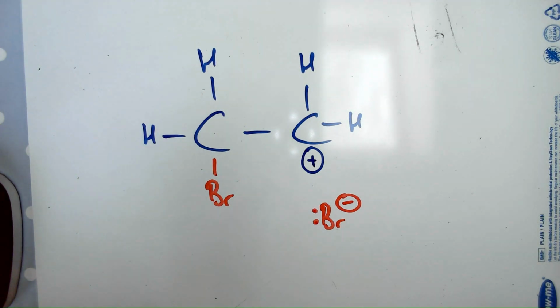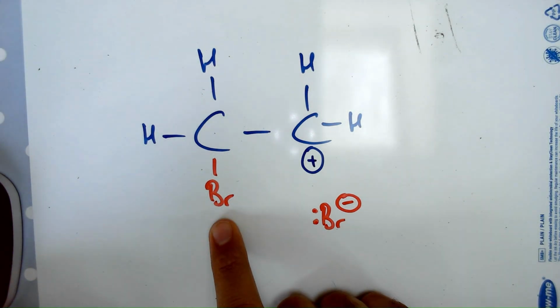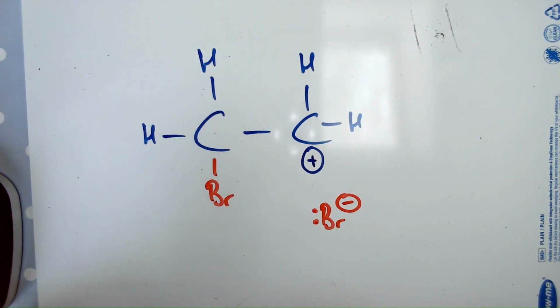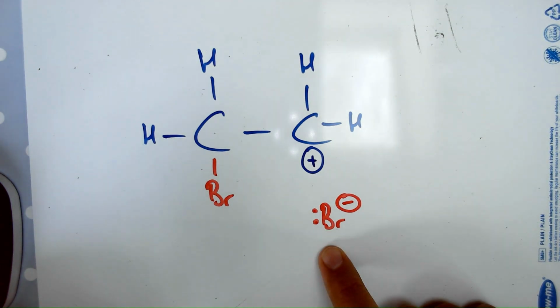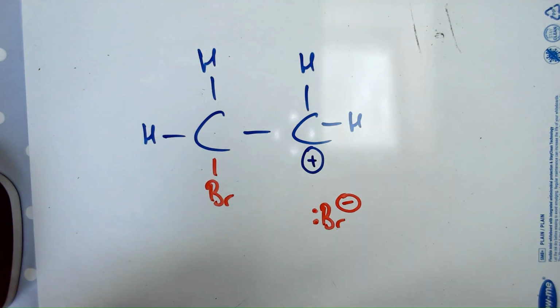This puts us in the position where we've got this intermediate now. We've got this bromine that's joined on to this organic molecule, we've got this carbon that's got a plus charge on it, and we've got a bromide ion over here with a lone pair of electrons.